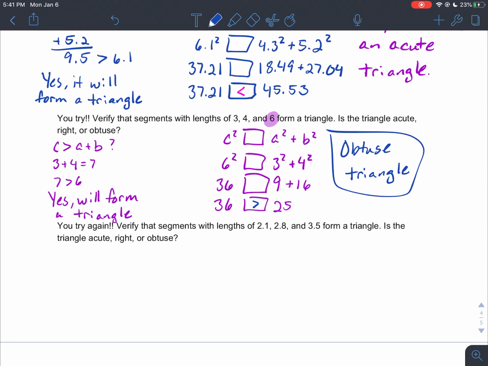All right. And then we'll just kind of go through this last one together really fast. Verify that the segments with the lengths of 2.1, 2.8, and 3.5 will form a triangle. So 2.1 plus 2.8 is 4.9. 4.9 is greater than 3.5. All right, so yes, it will form a triangle.